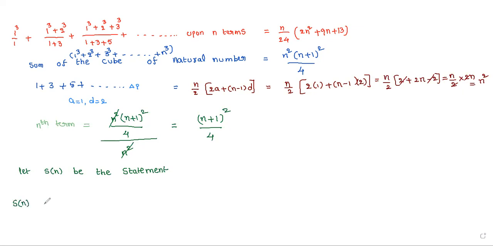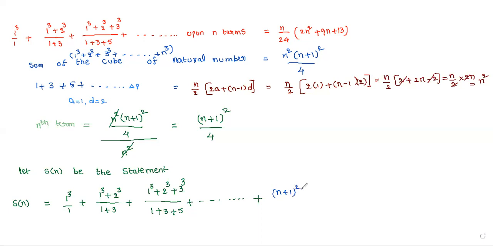S of n is equal to 1 cube by 1 plus 1 cube plus 2 cube by 1 plus 3 plus 1 cube plus 2 cube plus 3 cube by 1 plus 3 plus 5 plus and so on, plus up to the nth term n plus 1 whole square by 4, is equal to n by 24 into 2n square plus 9n plus 13. Write down.